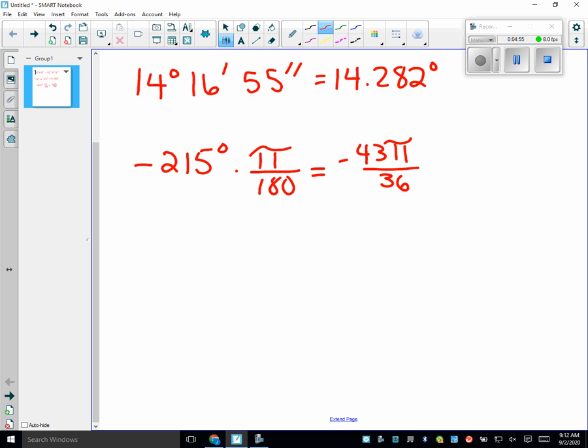All right. This time, convert to degrees, round to 1 decimal place.